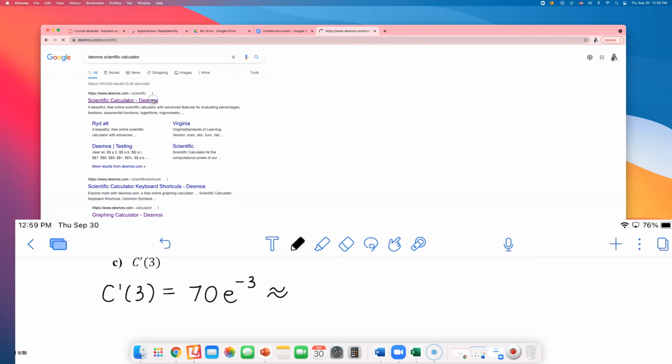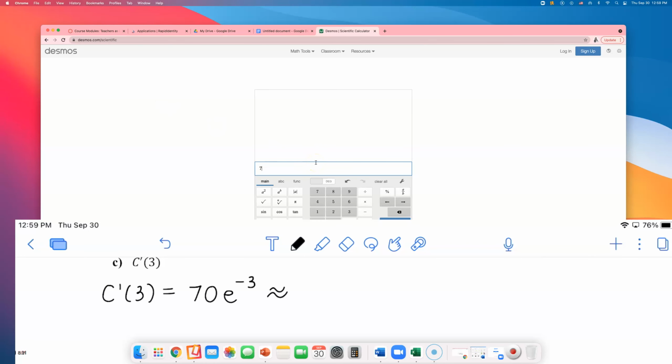I've done too much math for today. So 70e to the negative third, now listen, that is the answer. I can write this down real quick: 3.485094786. But don't you remember, we're doing millions of dollars, right?